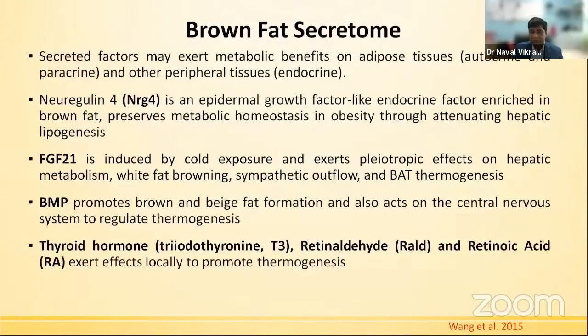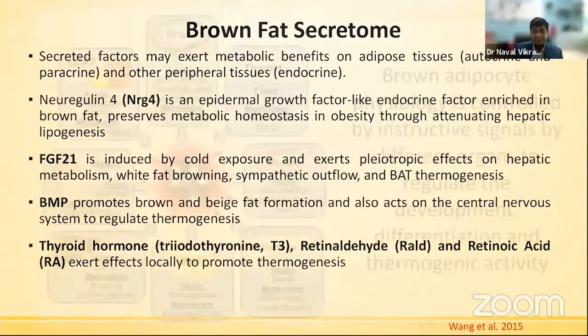Now, brown adipose tissue secretes several factors which may have multiple metabolic functions. Among them are neuregulin, FGF21, the fibroblast growth factor 21, bone morphogenetic protein, as well as thyroid hormone. So these factors are enriched in the brown fat, and they have several metabolic functions.